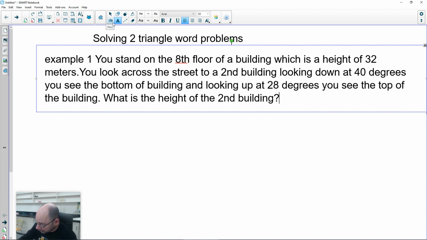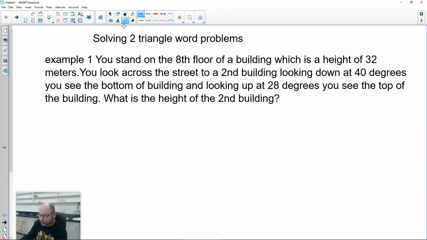Okay, so let's draw this out so that we can actually solve this. So the trick with word problems, obviously, is finding your diagram, setting it up properly. So let's say this is our ground here.